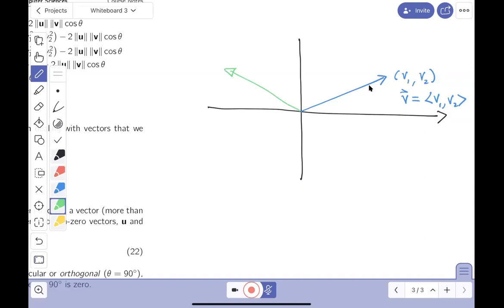I'm going to call it the vector U. So this is going to be U1, U2. That's the vector U, bracket U1, U2. Now someone says, what do you want to get? I want to get the angle between those vectors. I'm going to call that theta.